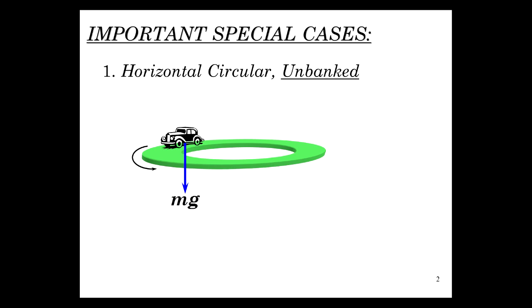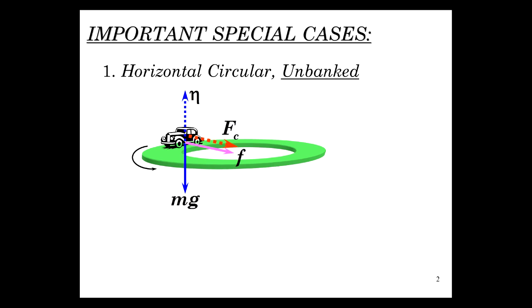And it's got a weight acting straight down, normal force acting straight up, and a friction force. Well, it would have been nice to ask you, what direction do you think that friction force acts? It must act inward to provide the force to keep it from going straight off the road.